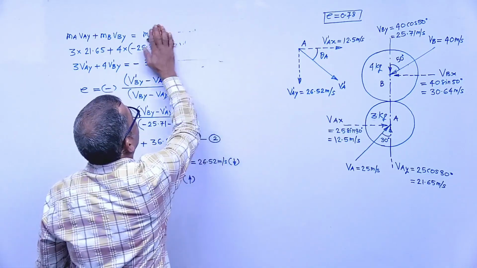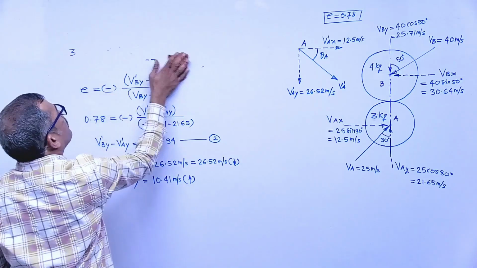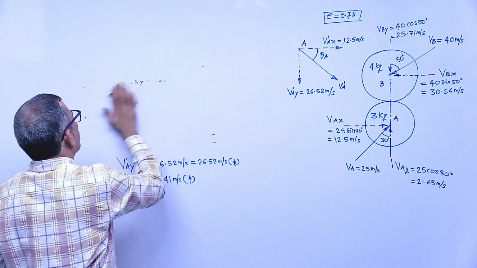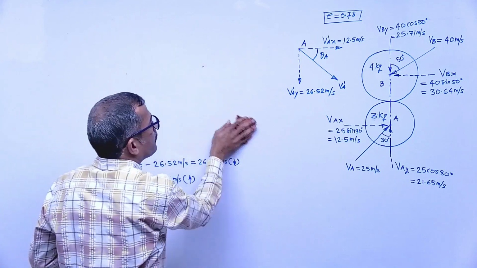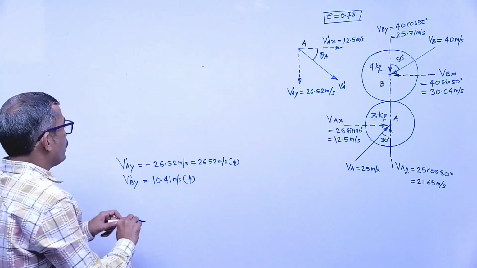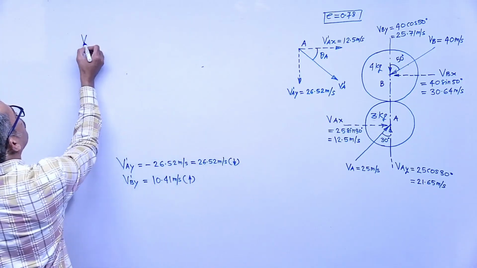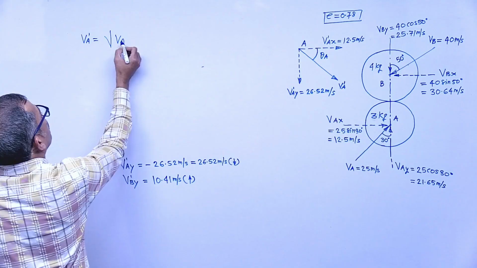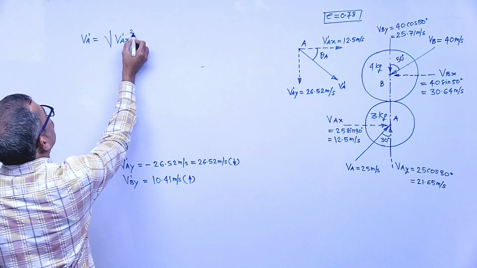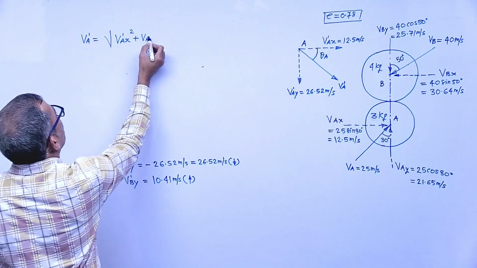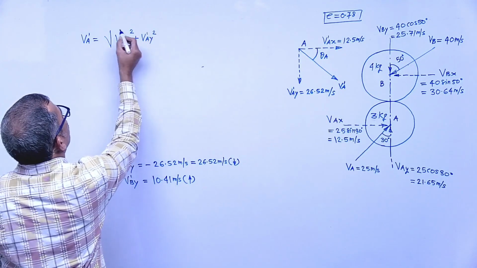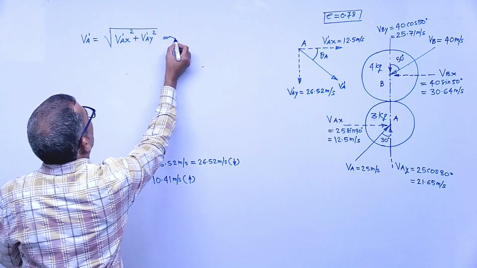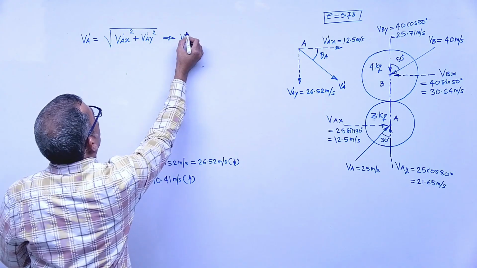Substitute both values and you will get VA dash.